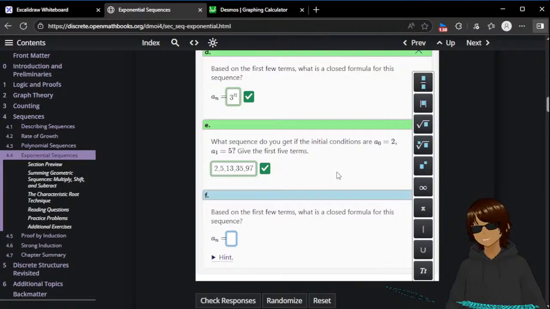Is it 2 squared? No, not 2 squared. 2, 2 times 2, 2 times 2 times 1 is 2, 2 times 2 is 4, 2 times 3 is 2 times 2.